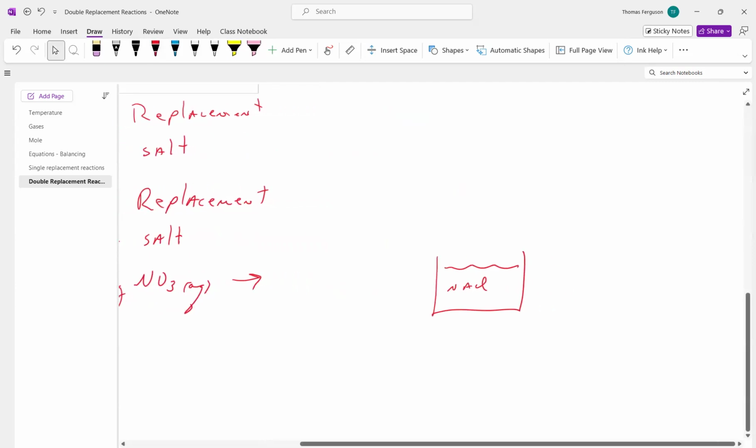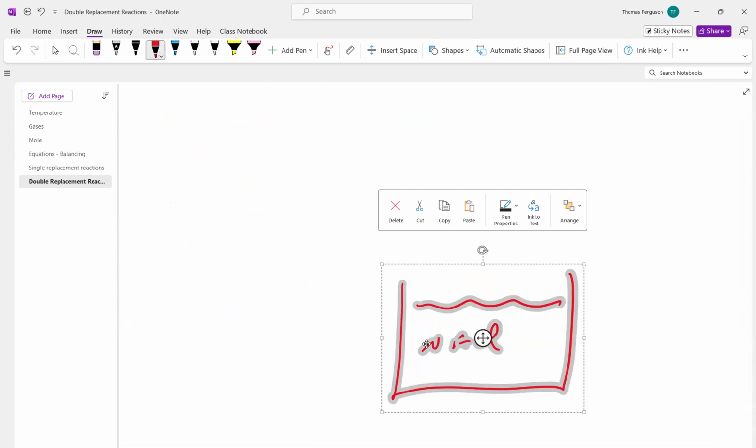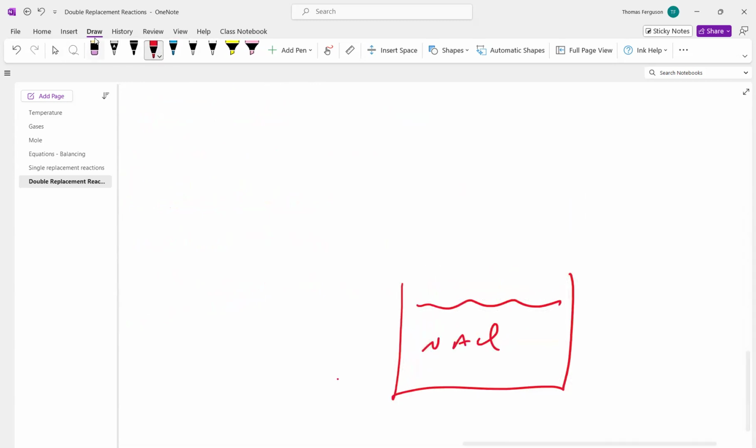And because it's dissolved in water, the ions come out. And it's really sodium ion, chloride ion, separate, because I said aqueous.